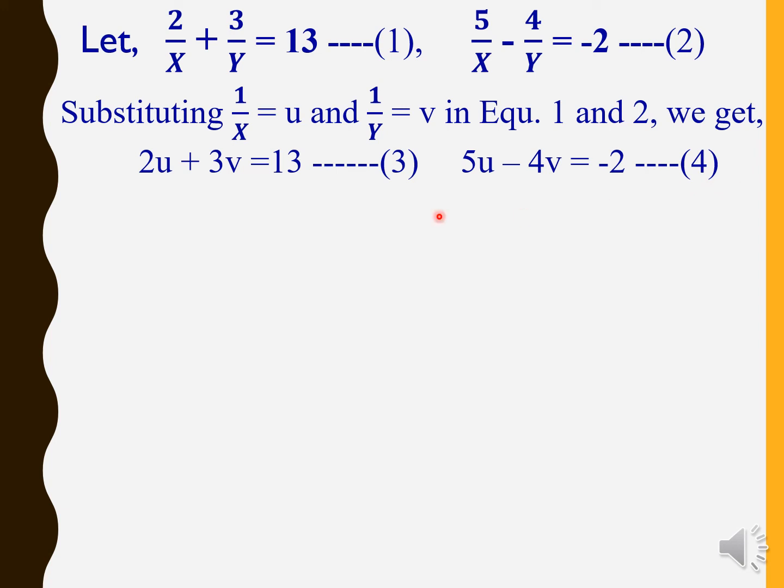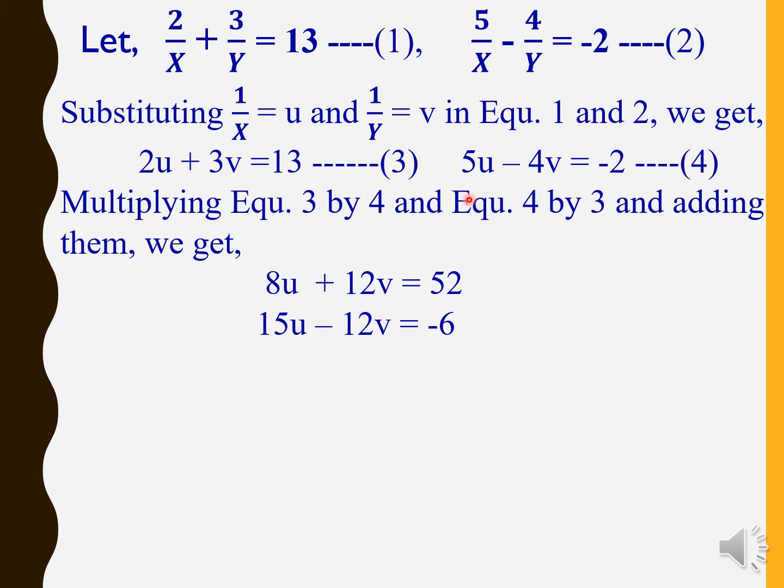Now that we have the pair of linear equations, we have to solve it. We can use any method, be it substitution or elimination. In this case, we are using the elimination method. Here we have 3 and here we have 4, so they have a common multiple of 12.